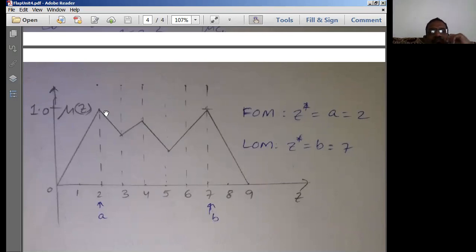Yes or no? Whichever comes first as maximum in this function is going to be the first of maximum. So this value is equal to 2. And the last of maximum is what? What is the last maximum value? This is the last maximum value. We got this value as equal to 7 here.